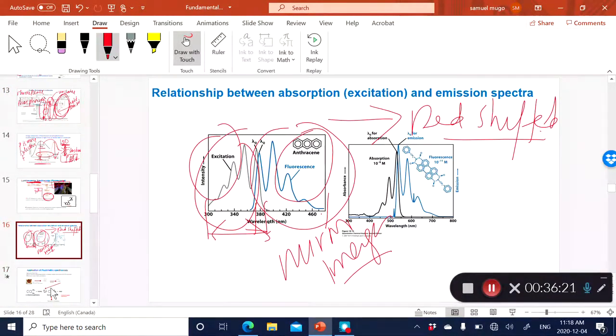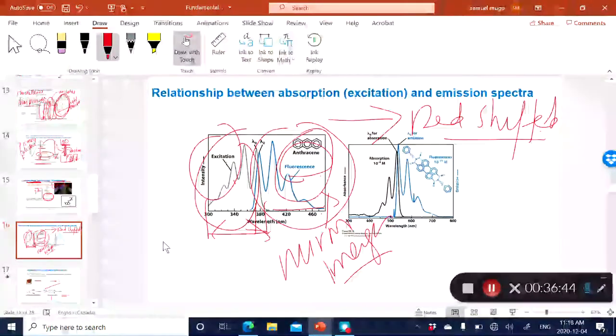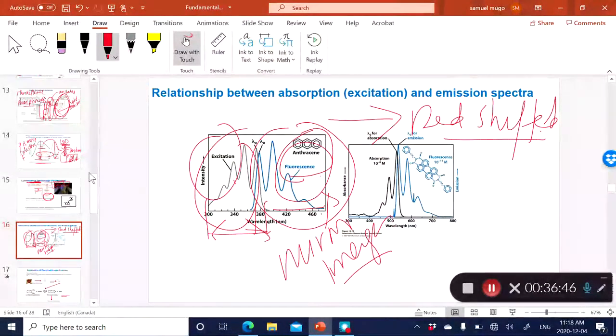So remember that fluorescence is always of lower energy than absorbance, because some of the energy is lost from radiationless relaxation in the vibrational levels. So light never gets emitted if relaxation is within the vibrational levels. Light is only emitted if the transition is within electronic levels.